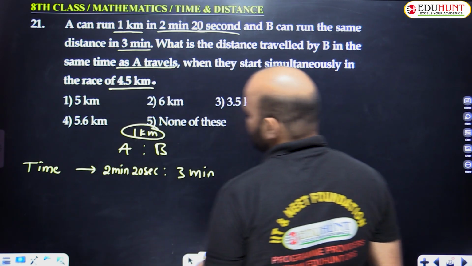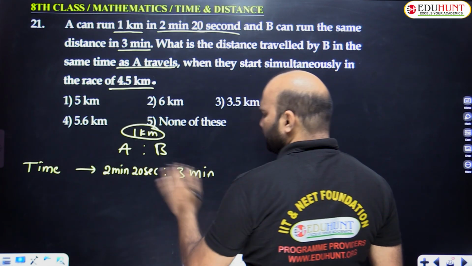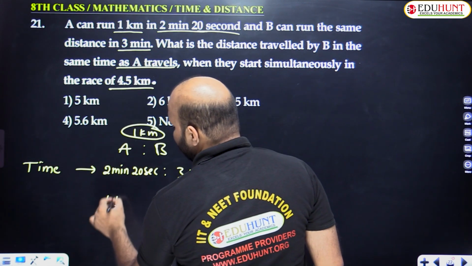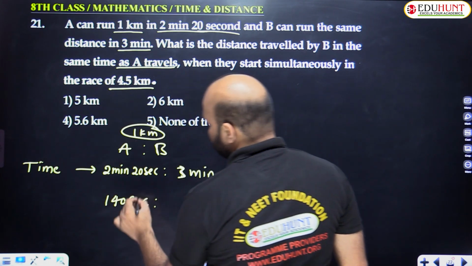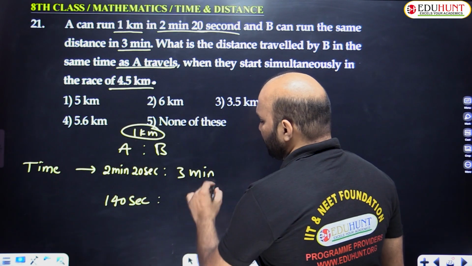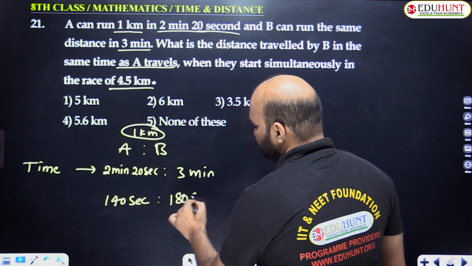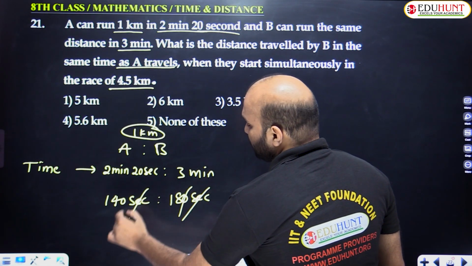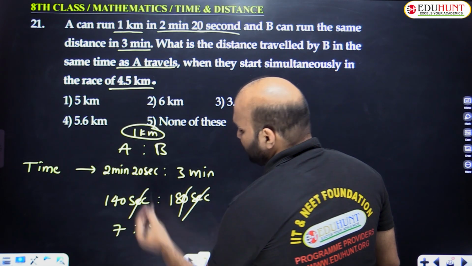So both are converted into seconds. 2 minutes is 120 seconds plus 20, that is 140 seconds. 3 minutes is 180 seconds. Cancelling the zeros, 14 to 18 gives 7 to 9. This is the time ratio.